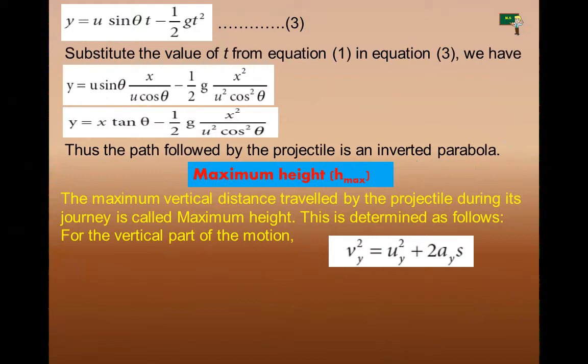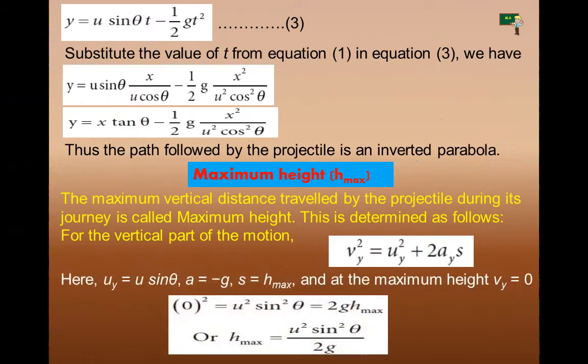For the vertical part of the motion, we get vy square equals uy square plus 2 ay into s. We take uy equals u sin theta, a equals minus g, and s equals h max, that means the maximum height.